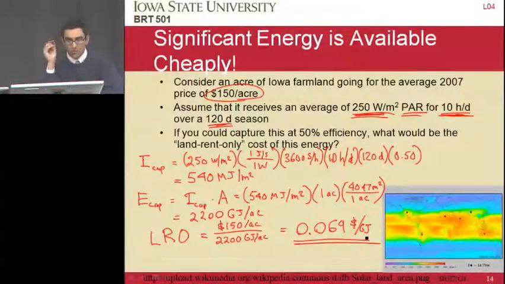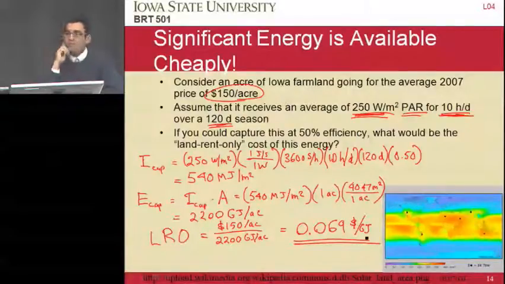The low-cost fossil resource is $2.50 a gigajoule, and I'm going to do this for 7 cents a gigajoule.